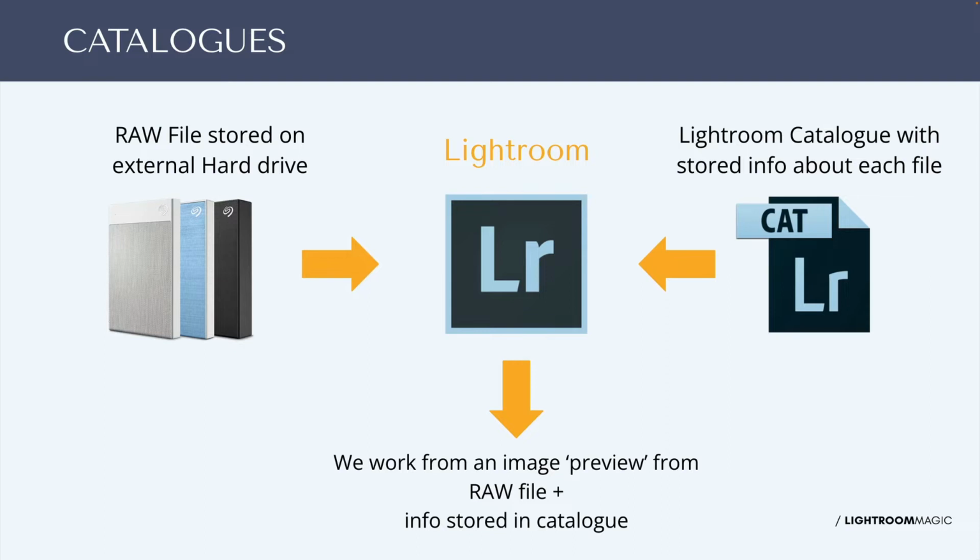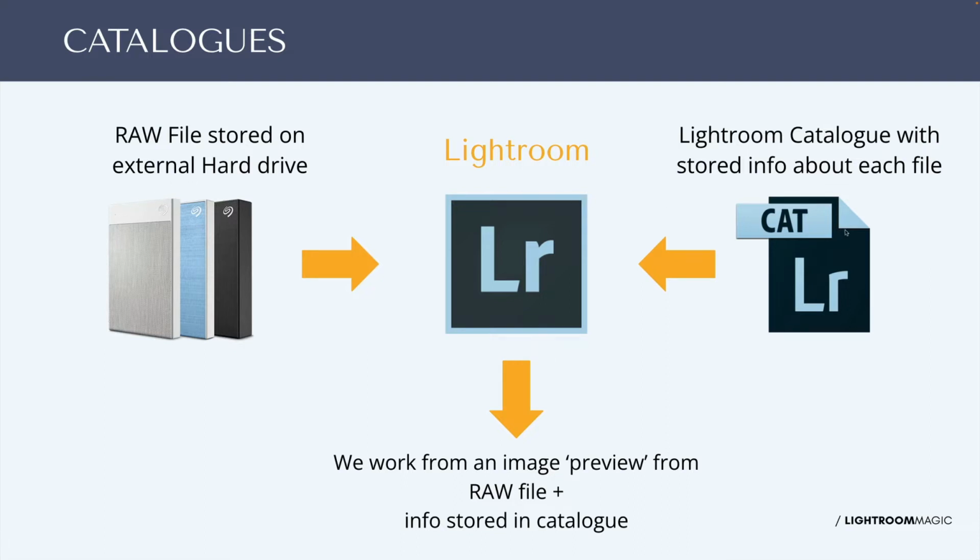because I found after teaching thousands of students, there can often be some confusion about what Lightroom actually is and what it stores. So we have Lightroom, the program that we all know. Now, in order to be able to look at and edit our files, we need a few things. We need the software, we need our raw files, which are usually stored on an external hard drive, sometimes your computer.